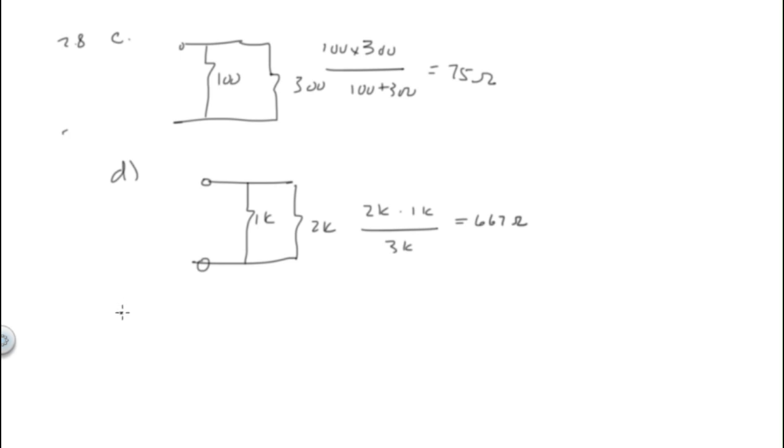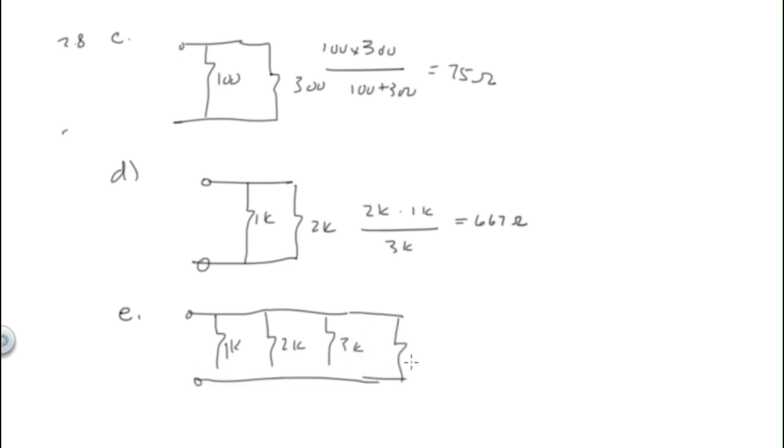E, I have a 1K, I have a 2K, I have a 3K, and I have a 4K. So, how do you do this one?